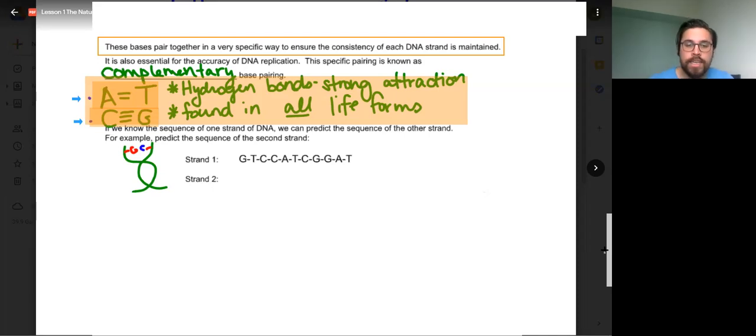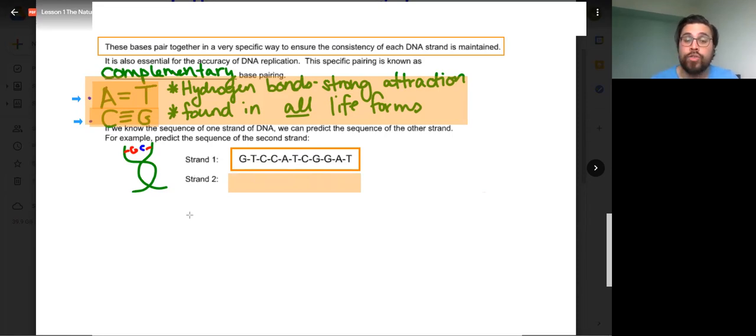So take a second, take a look at this strand of DNA right here. And I want you to write in what the complementary base pair is. So I want you to think about that strand that I've boxed in orange, and tell me what that complementary strand would be based on our understanding of complementary base pairing of our nucleotides.